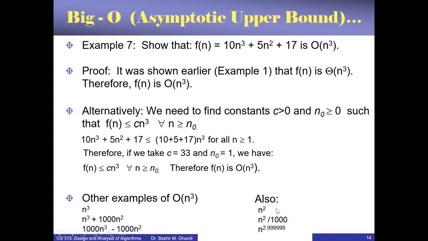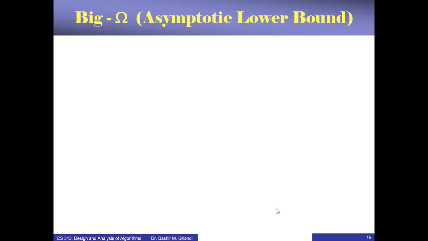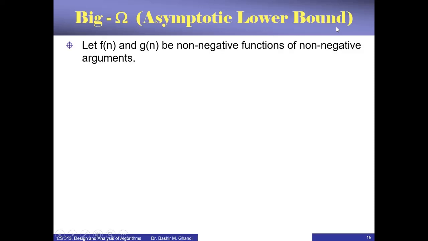Okay, so let's look at the other asymptotic notation, which is called big omega. So this is the asymptotic lower bound. Let Fn and Gn be non-negative functions over non-negative arguments.